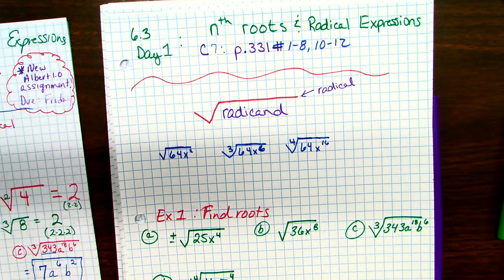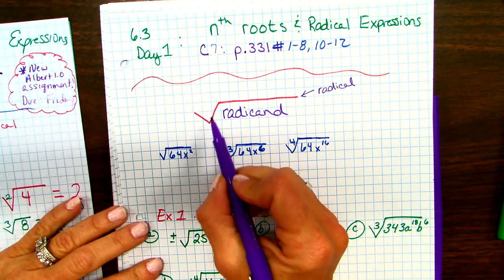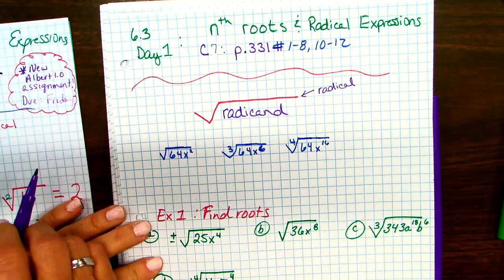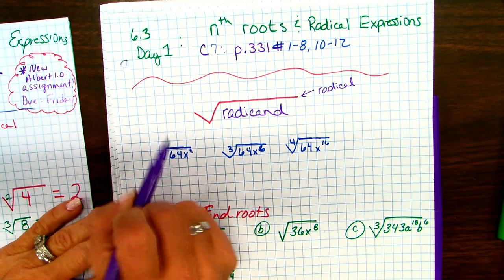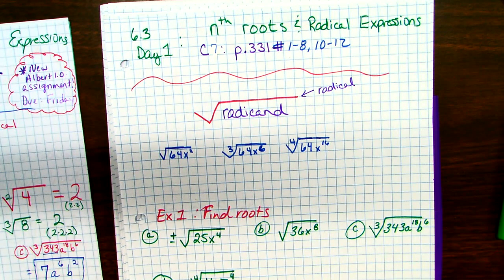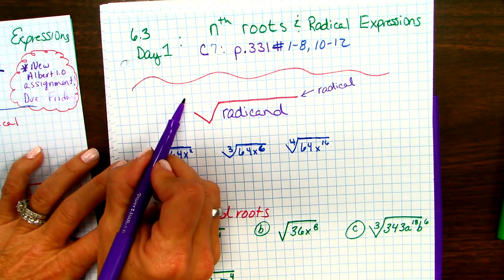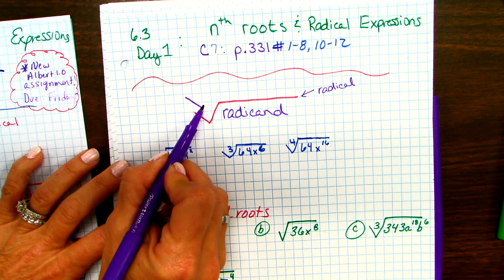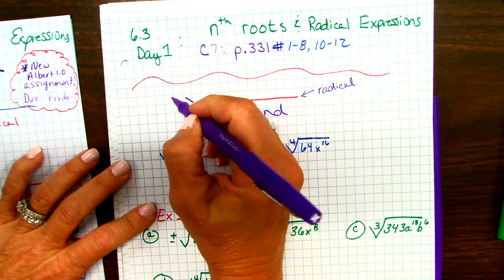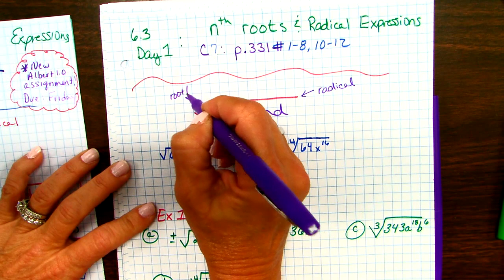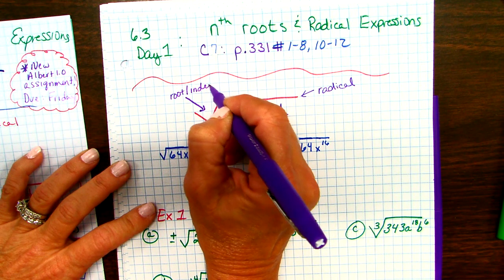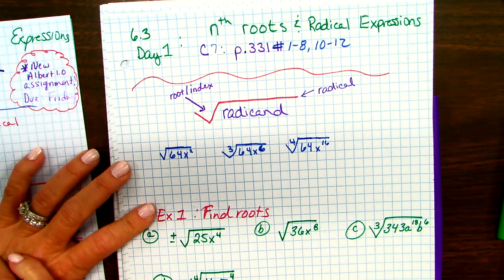We can have third roots, fourth roots, fifth roots, 100 roots, okay? So a generic name for any of these is just radical. And then this number that you see in here is called the root, or you might hear it called the index, okay?